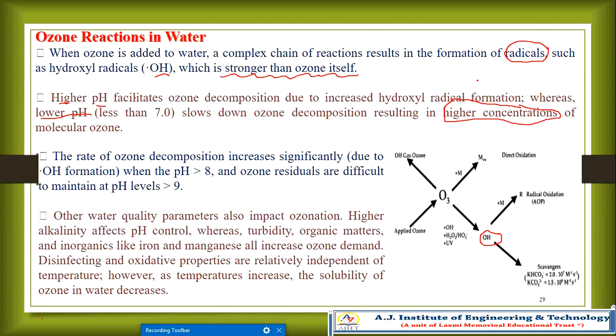Very important, OH formation. However, ozone radicals are difficult to maintain at a pH greater than 9. So what to do in this case?